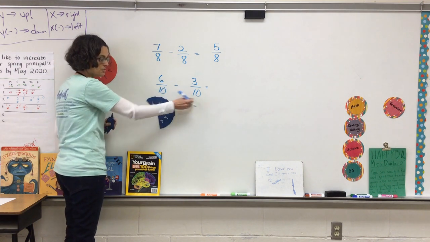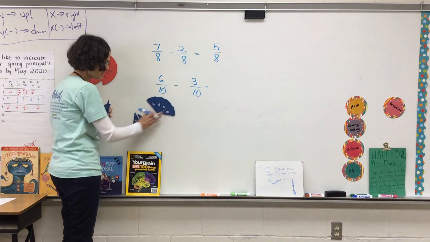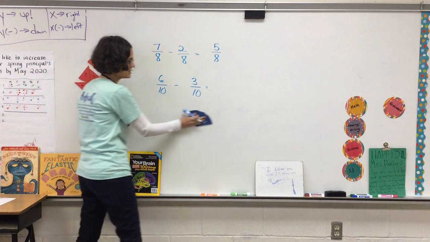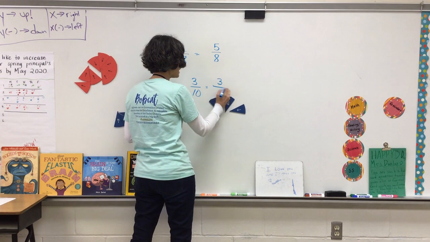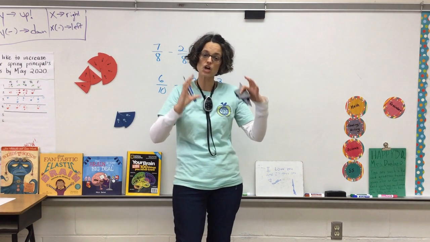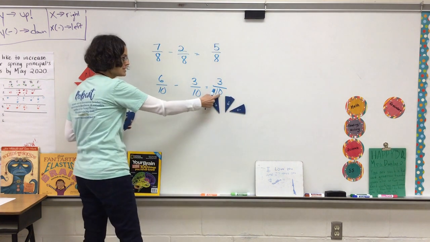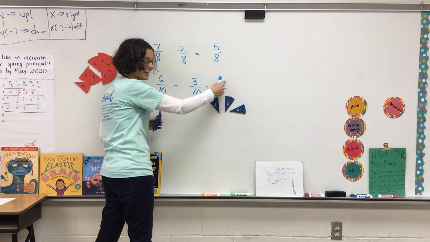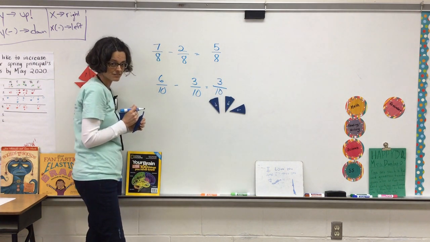I'm going to take away 3/10. All right, I'm going to subtract 1/10, 2/10, 3/10. How many tenths do I have left? 3/10. Once again, my denominator stays the same because I started with tenths. My whole was already cut into 10 pieces. That didn't change. So I'm going to end with 10 pieces, but I'm going to only have 3 of them left. So I have 3/10 left.